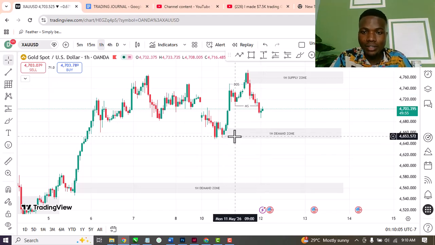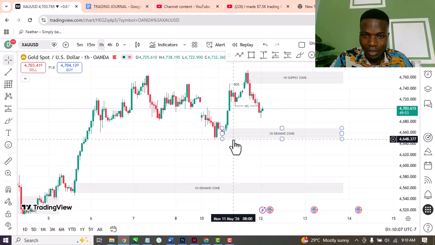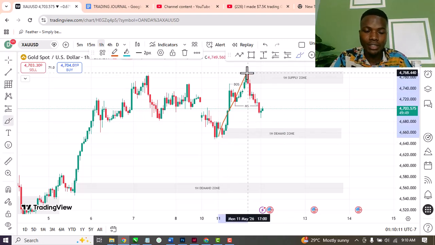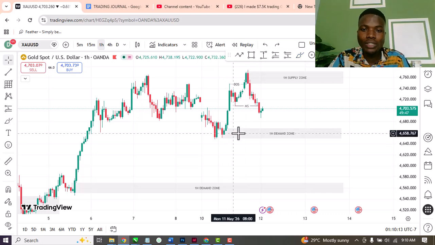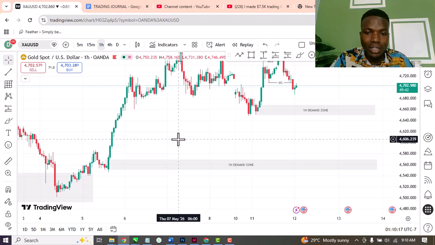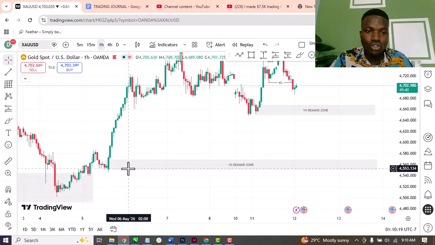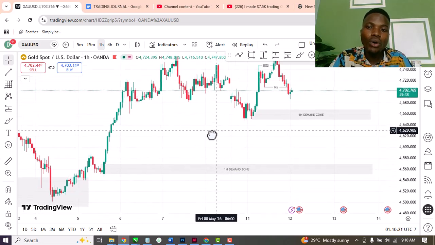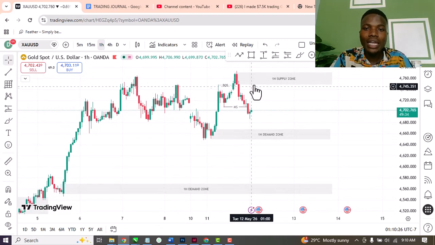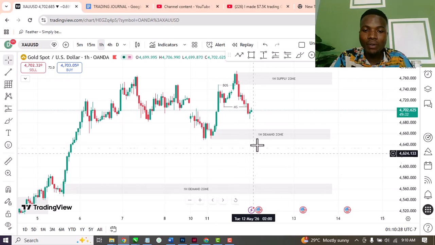And this is a 1-hour demand zone, because this is where price actually pushed to the upside. That is what makes this zone a demand zone. Then our exterior demand zone is this zone right here. So we are going to be looking to trade to either of these demand zones.